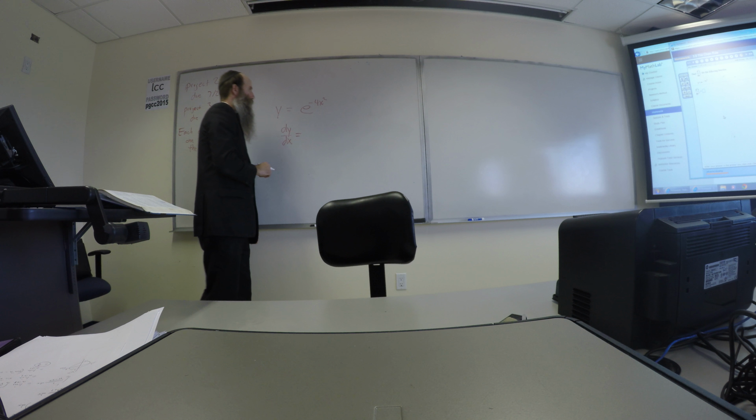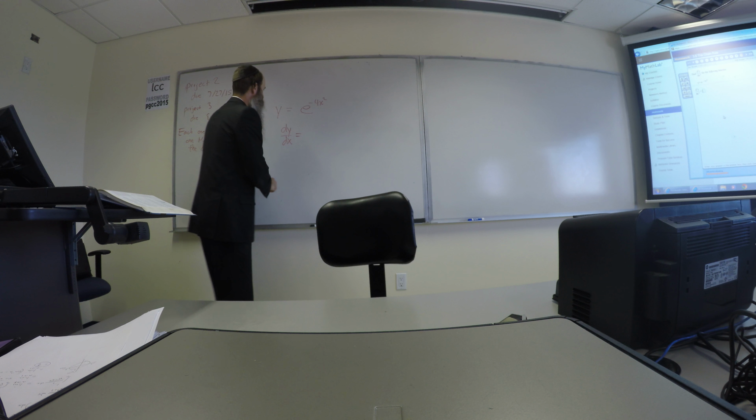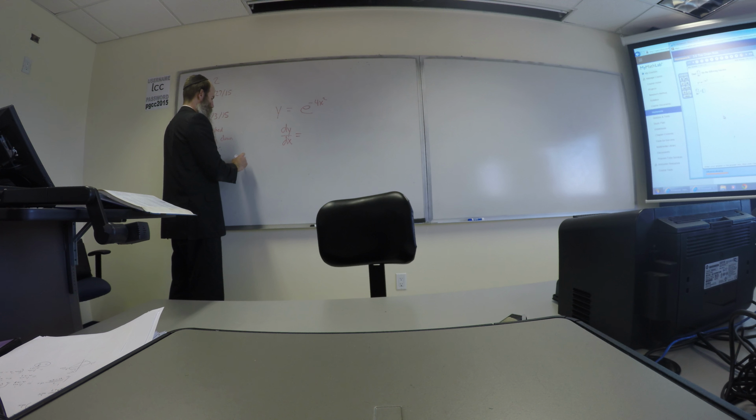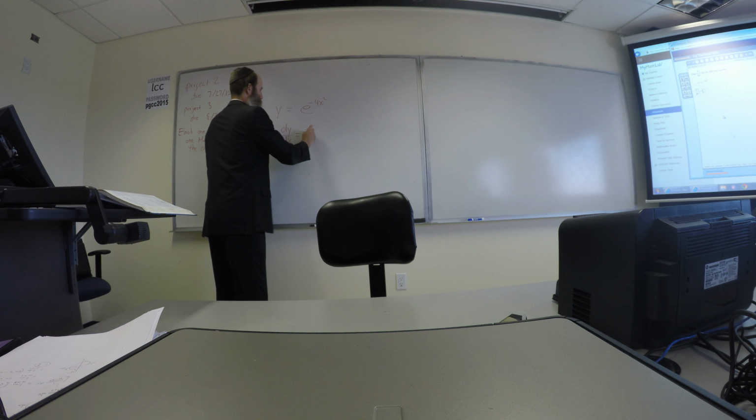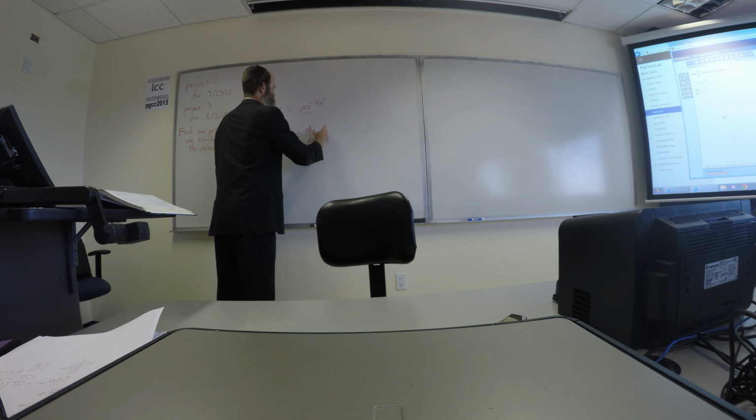So y would be e to the u, and u is negative 4x squared. So dy/du times du/dx is what we need, right?